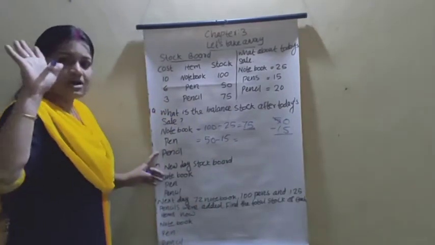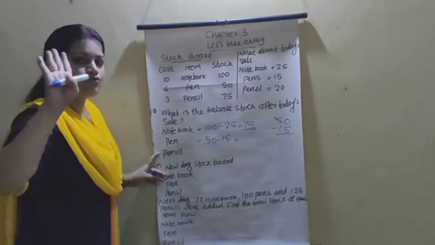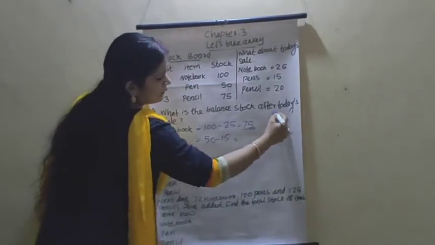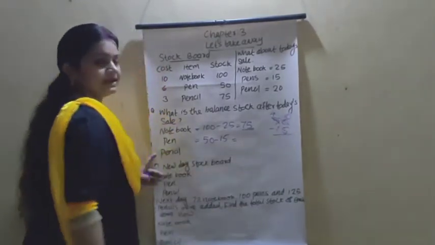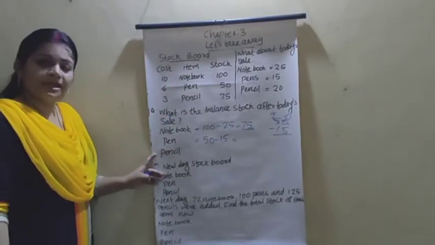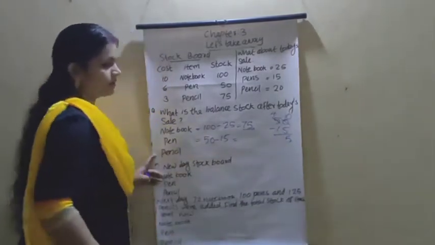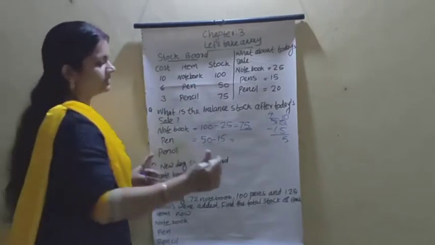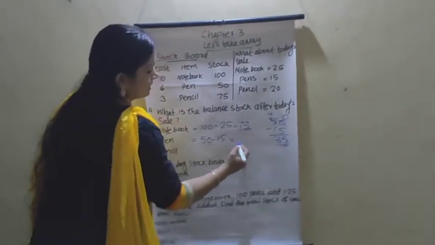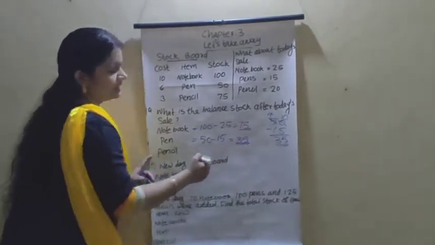Borrow means minus. 5 becomes 4. This 0 will be 10. Understood? 10 minus 5 is 5. 4 minus 1: take 4 fingers, close 1 finger, how many? 3. Then what about 35? The balance pens are 35.